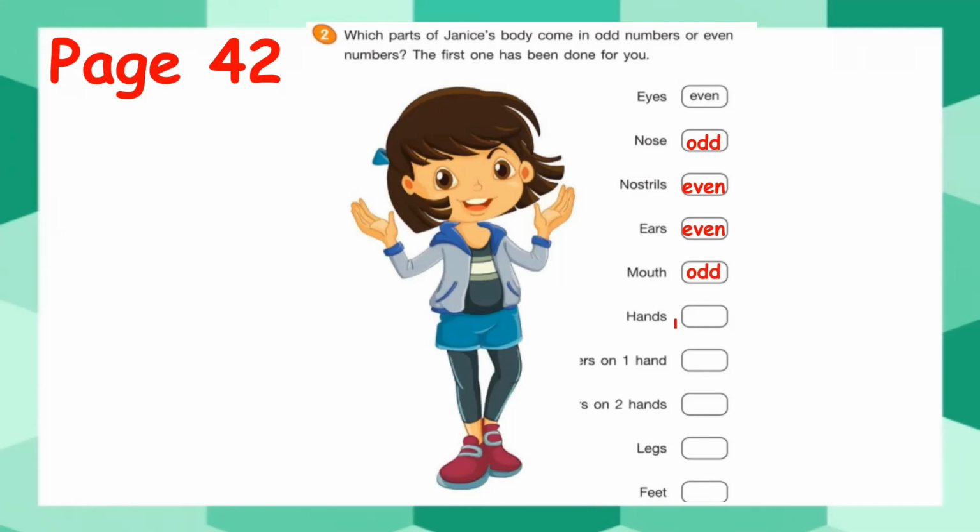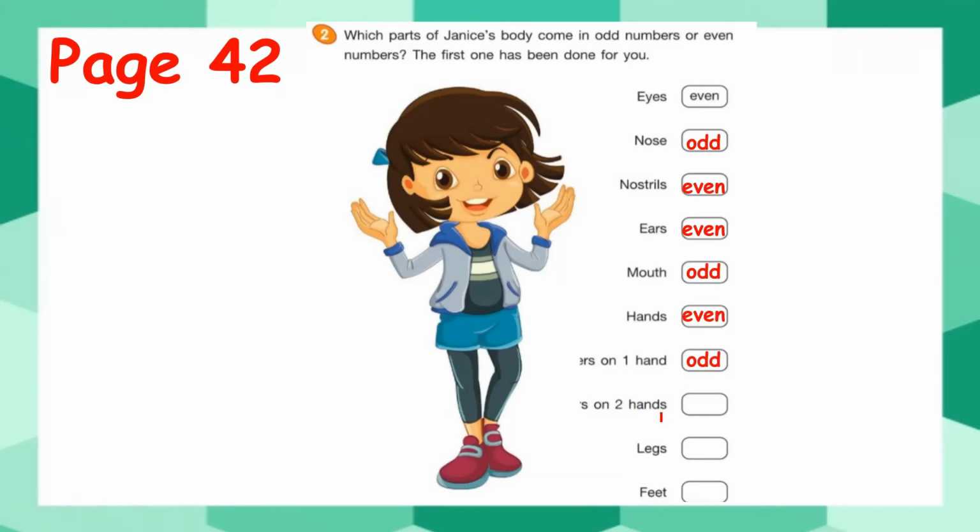Hands. We have 2 hands, so that is even. Fingers on 1 hand. There are 5 fingers in our 1 hand, so that is an odd number. How about fingers on 2 hands?